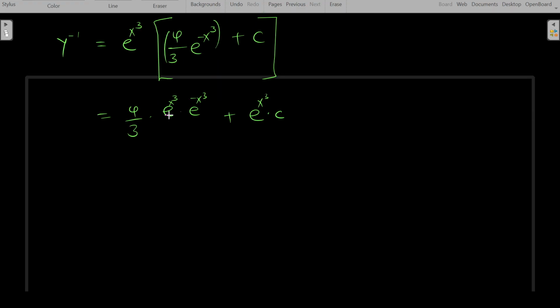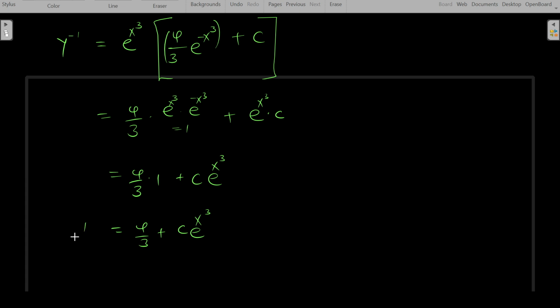From this point, as you can see, using the laws of natural logarithms, these powers cancel out and I remain with a 1. So this is 4 over 3 multiplied by 1, plus c e raised to the x cubed. So our answer is 4 over 3 plus c e raised to the x cubed.